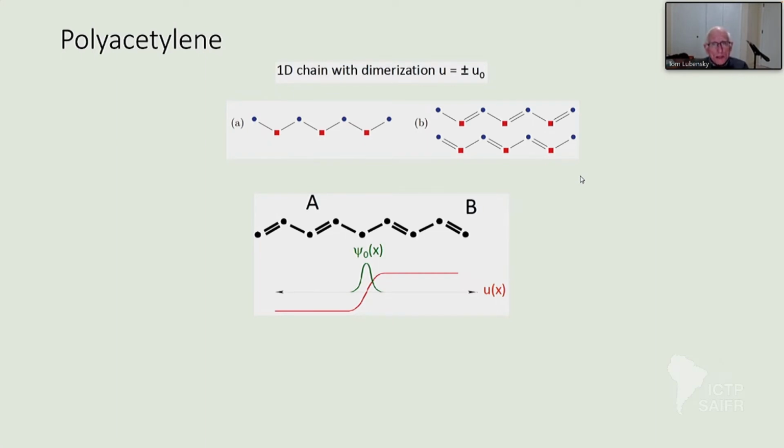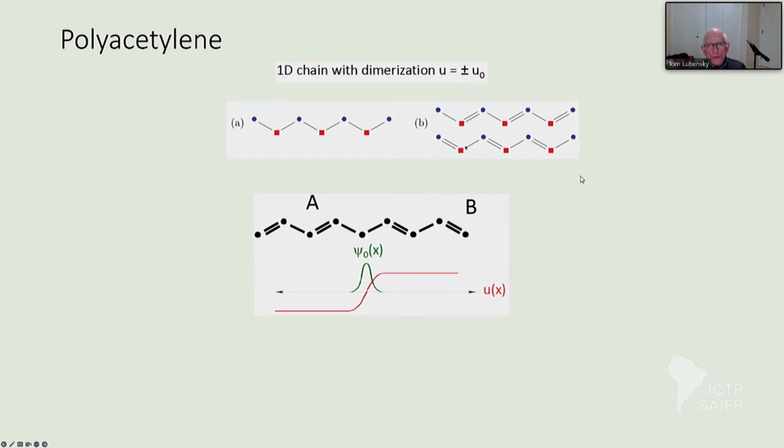Okay, so polyacetylene is a polymer which you can think of as having carbon atoms, and these are two carbon atoms, and their hydrogen atoms come off the edge, and they spontaneously undergo a transition in which you have a unit cell consisting of the blue and the red site, and these bonds have different strength.